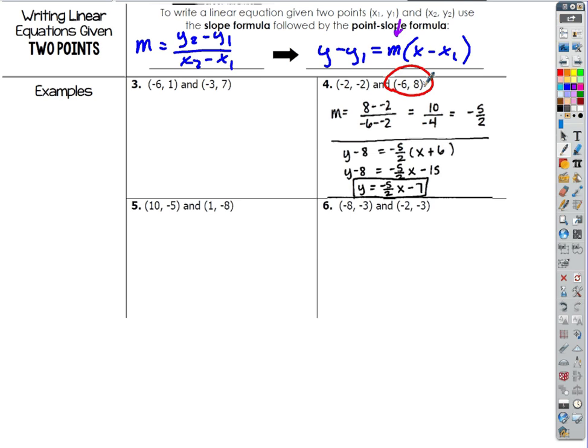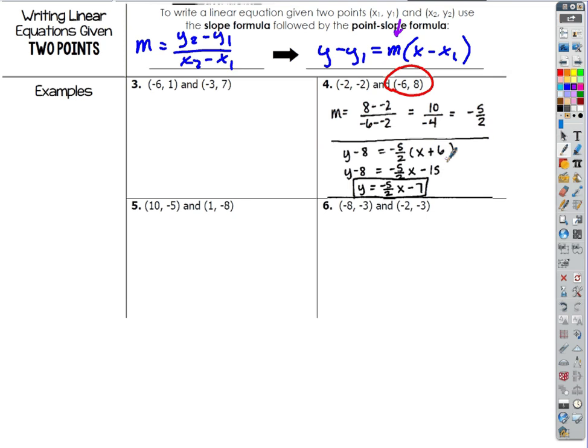We plug in the slope for m. We plug in -6 for our x value, so we get x minus -6, which gives us x plus 6. We plug in 8 for our y value, so we get y minus 8 equals -5/2 times the quantity x plus 6.